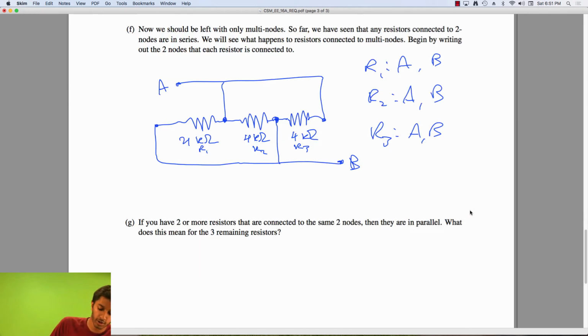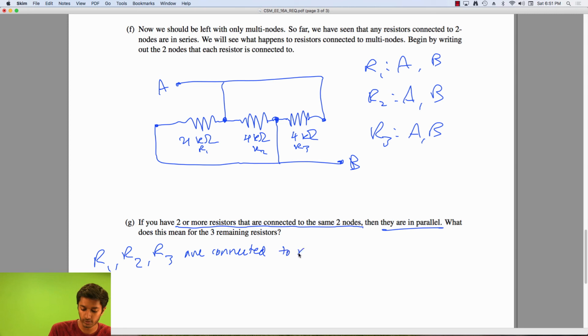All right, moving on to part G, we have the fact that if two or more resistors are connected to the same two nodes, they are in parallel. So from part F, we see that R1, R2, and R3 are connected to nodes A and B. So this means that they are in parallel.